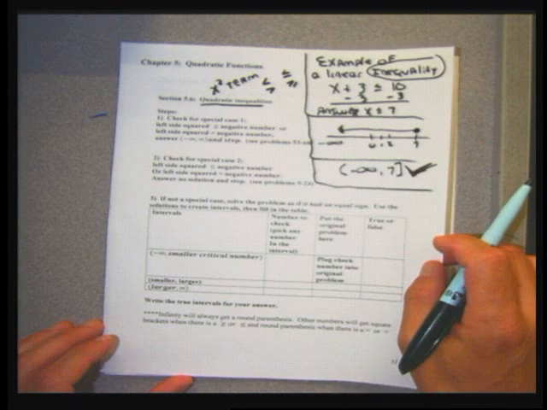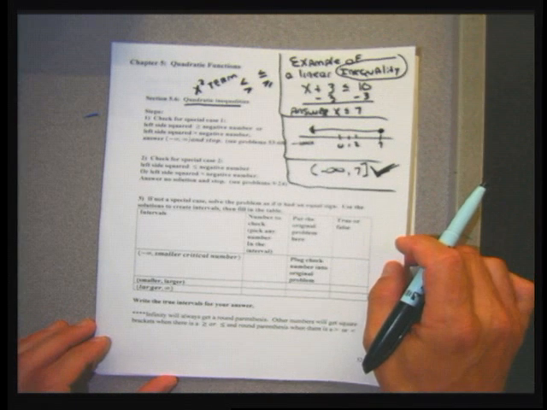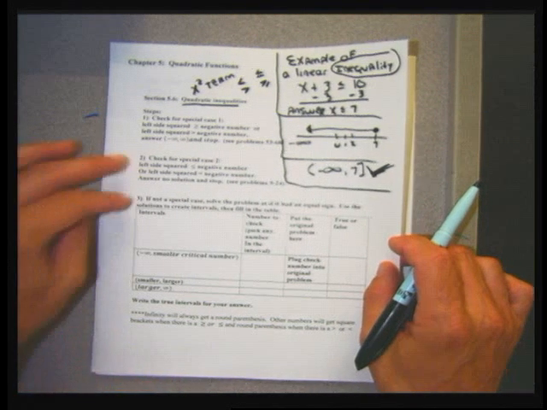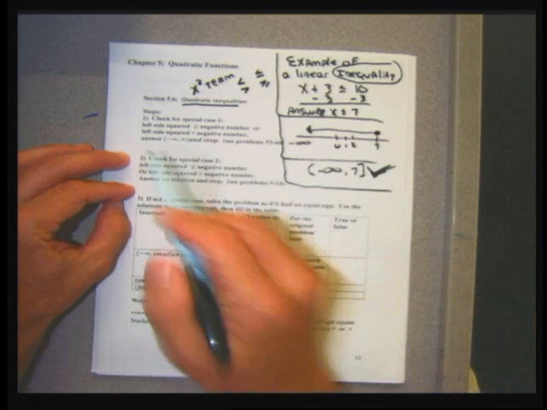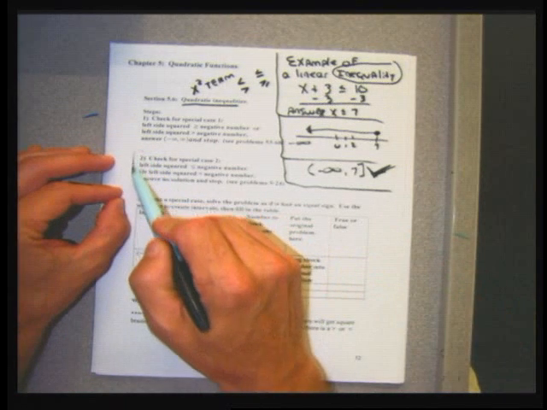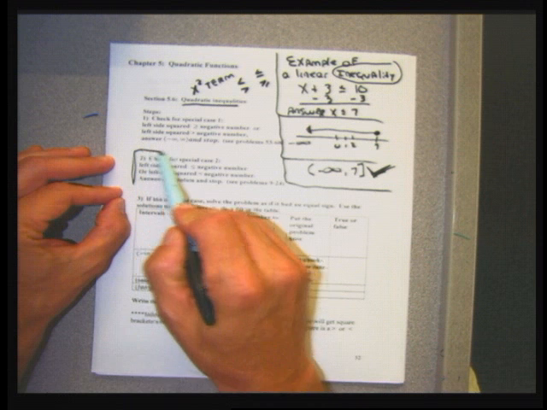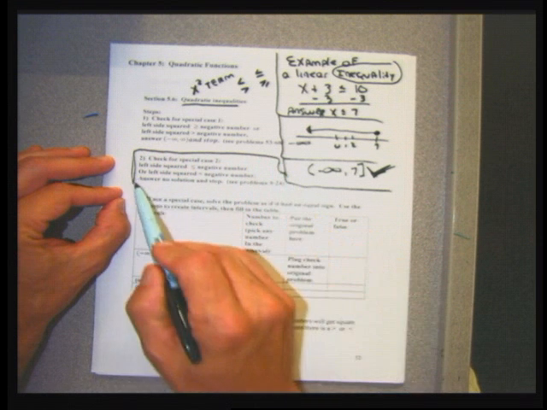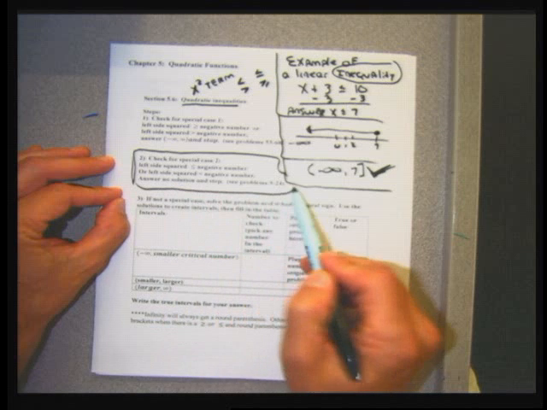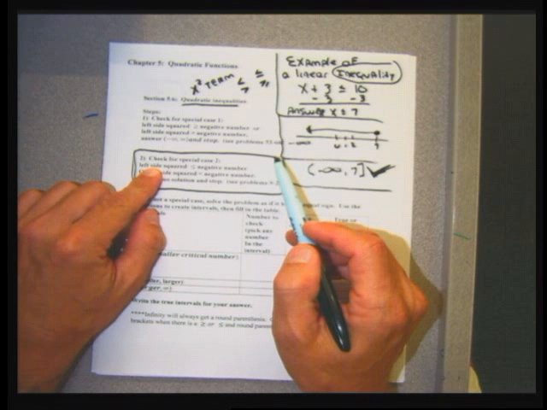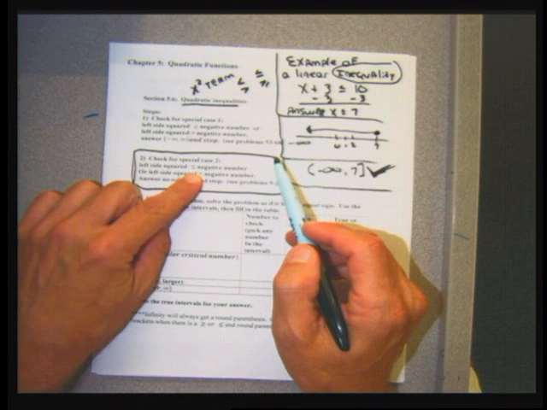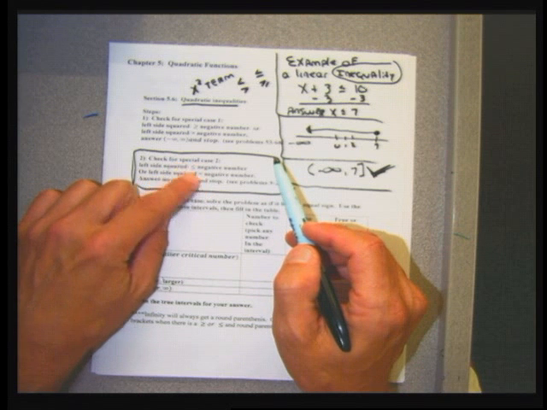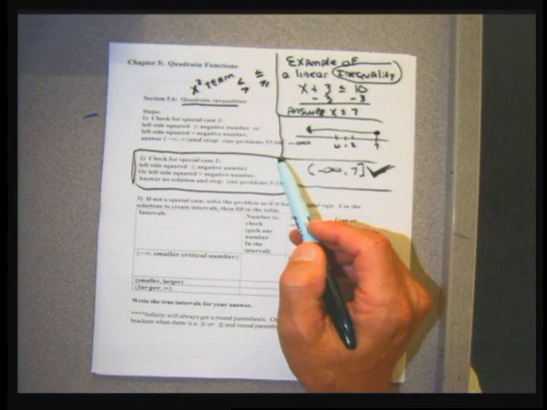First of all, we have special cases. There's a special case for less thans, and there's a special case for greater thans. The special case for less than would have the left side being squared, the right side having a negative number, and a less than or equal to sign between them.